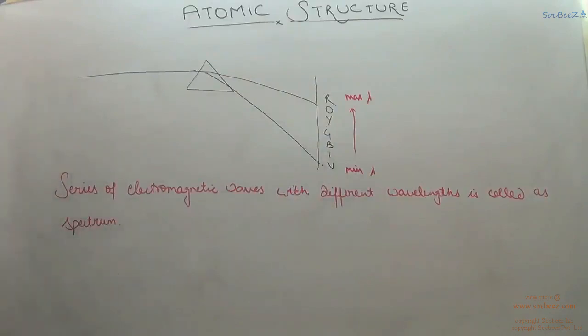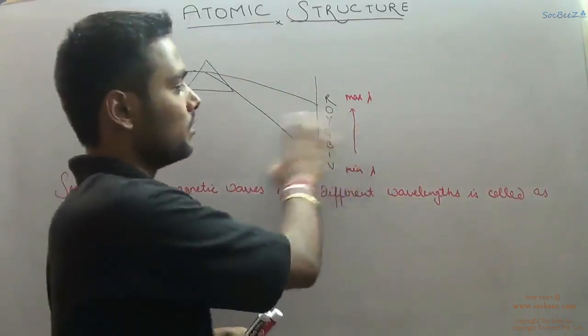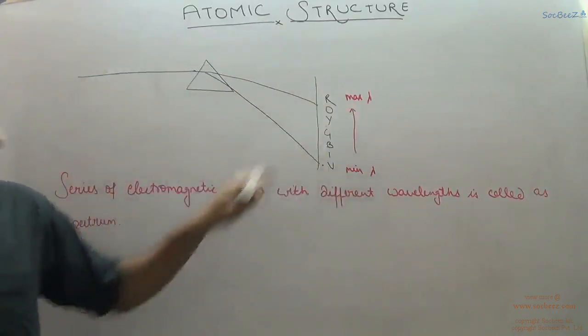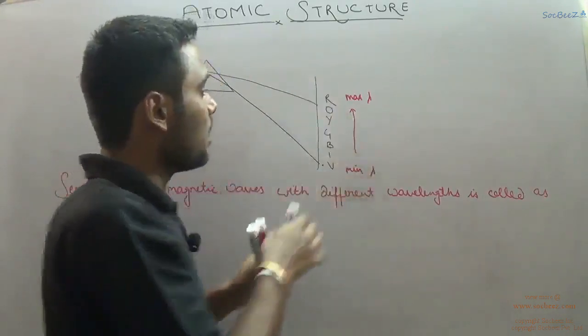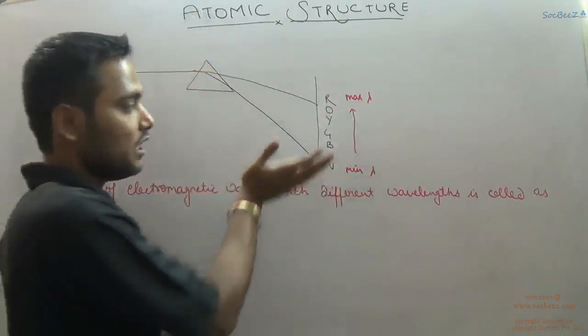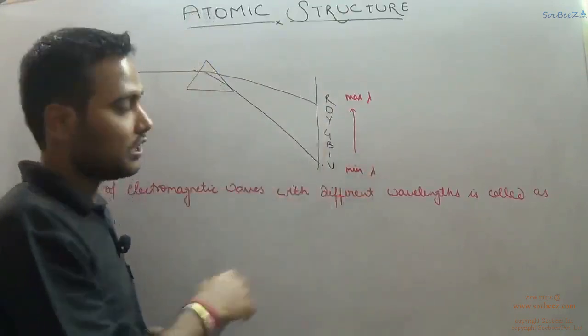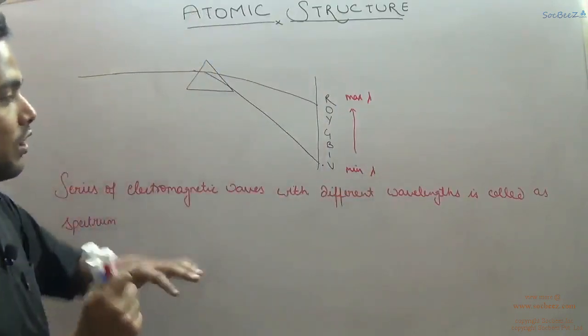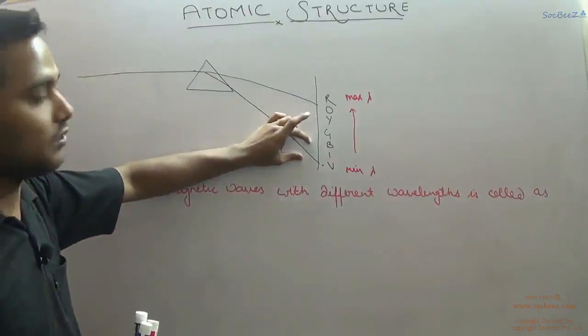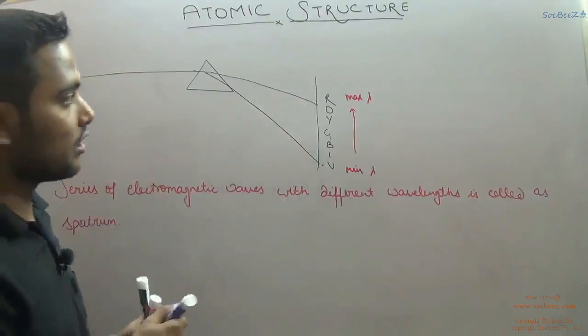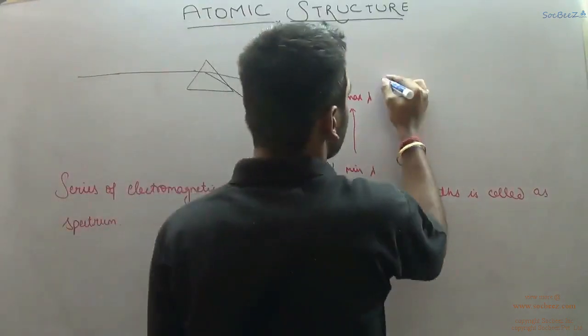This whole example is a continuous spectrum, as the colors that we see here are continuous. That is, you will not see any separation between two different colors.